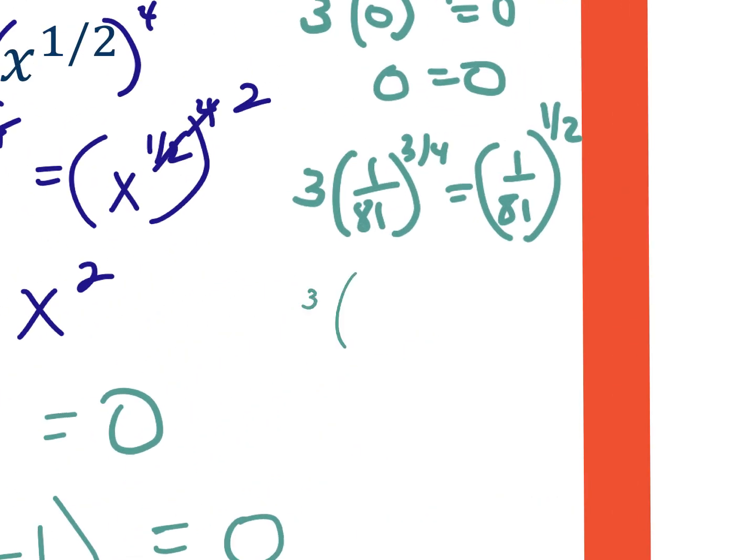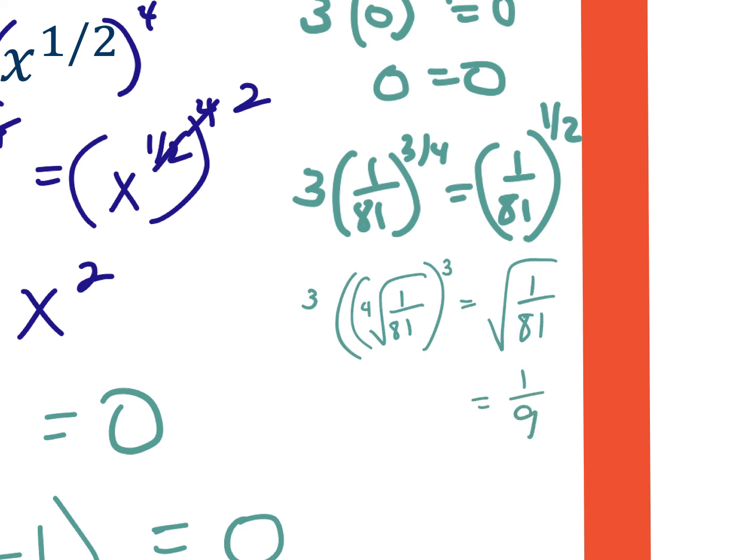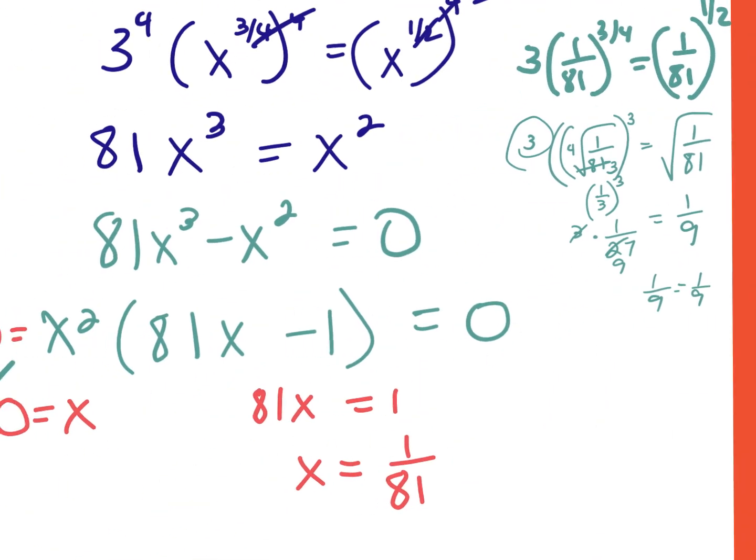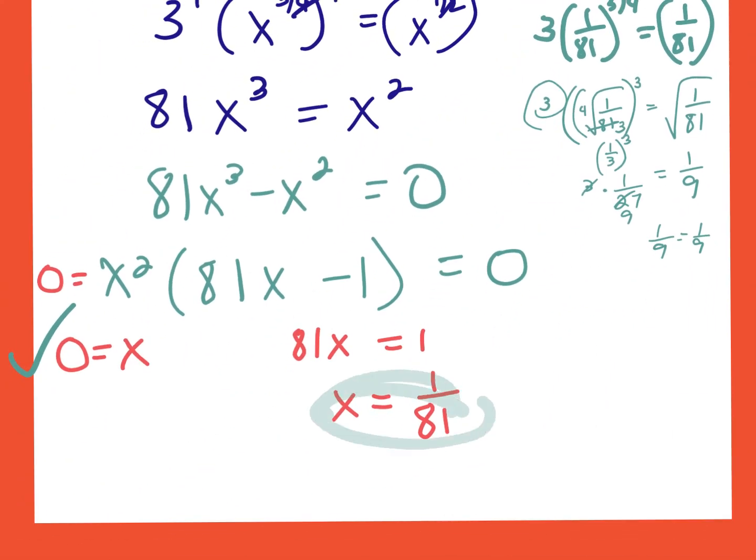And this is 1 over 81, the 4th root of that all cubed, and then the square root of 1 over 81. So this is 1/9, that's the easy part. The 4th root of 81 is 3. So this becomes 1 over 3 cubed, which is 1 over 27 times the 3 that's here. And I end up with 1/9 equals 1/9. So it works. I get to keep both.